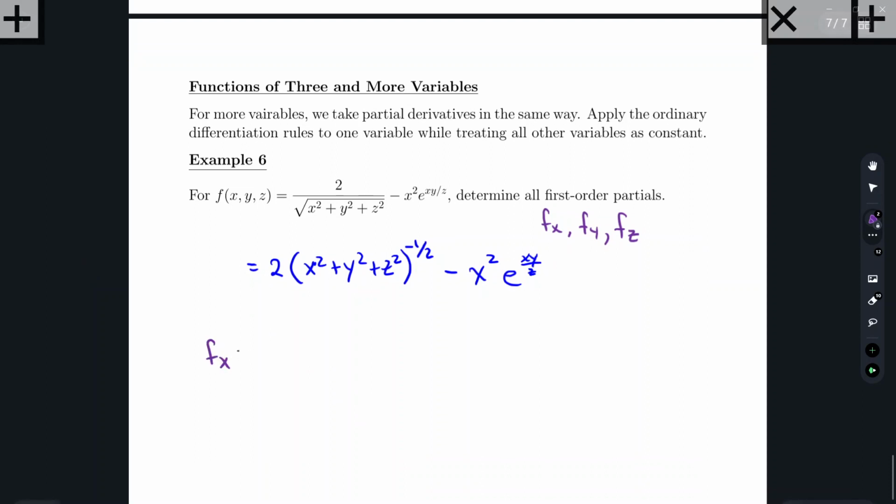So the partial with respect to x. I'm differentiating with the variable x. For this part I need to use the chain rule along with the power rule.